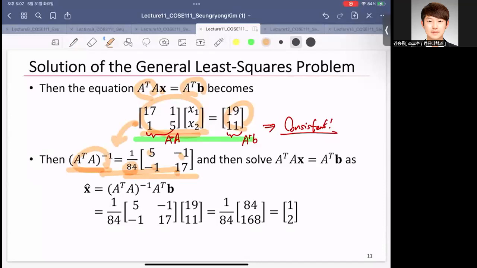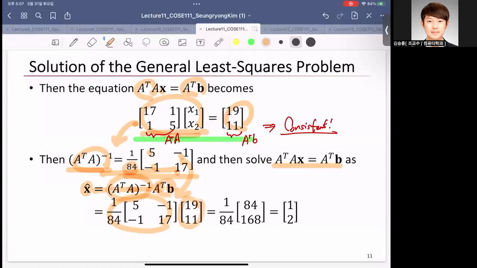Anyway, this is the inverse of this matrix. Then solve this normal equation: x hat equals the inverse of A^T A times A^T b, where the inverse of A^T A was here, and A^T b was [19, 11].